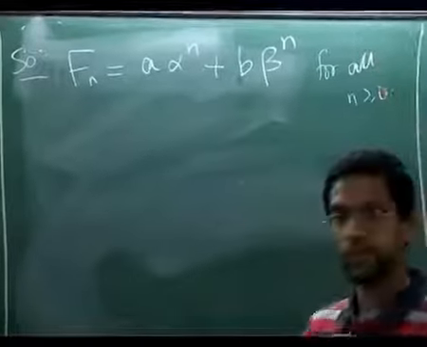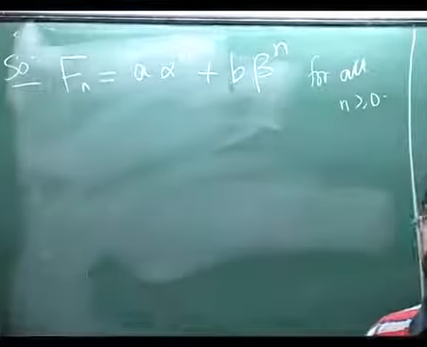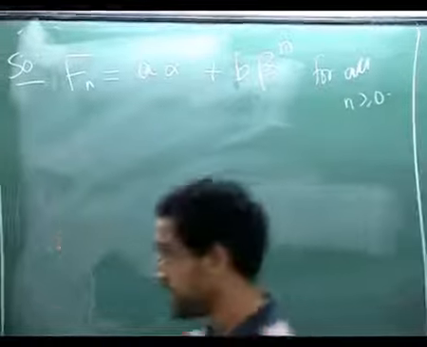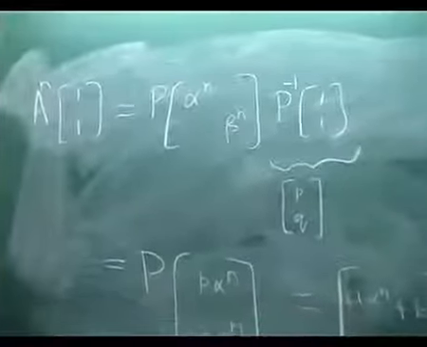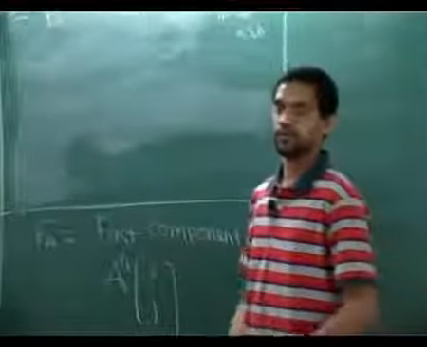Question is, what are A and B? Again, one of two things: you can go back and do the exact calculation of P and P inverse and then you will get A and B directly, or it's much simpler to just find A and B by substituting some values of n.